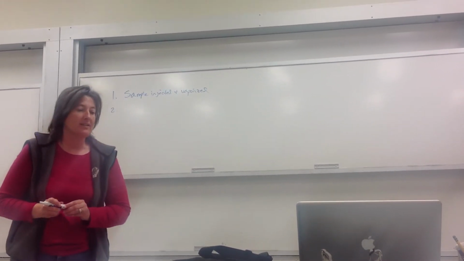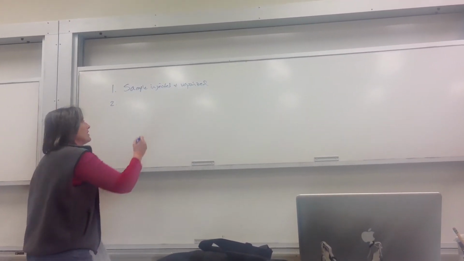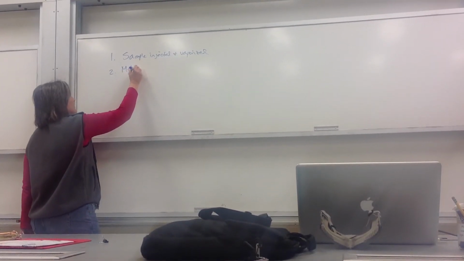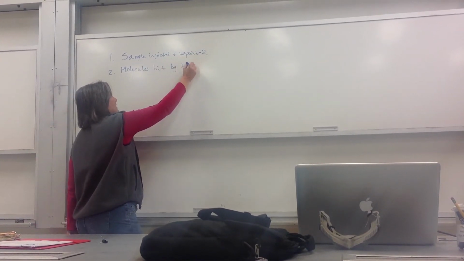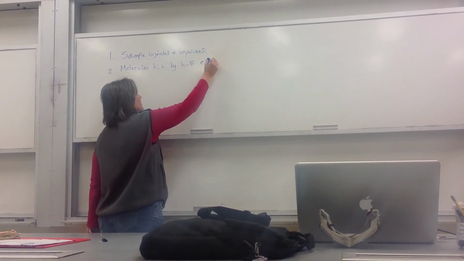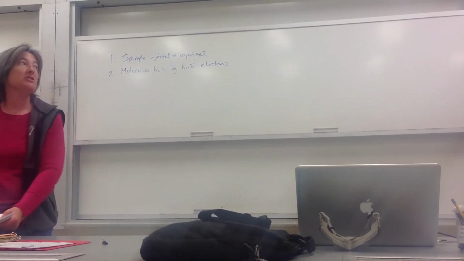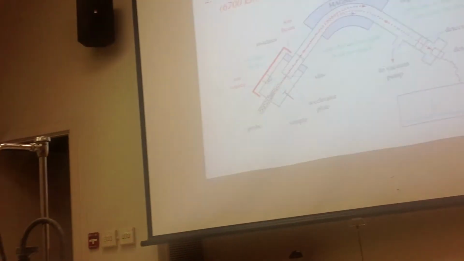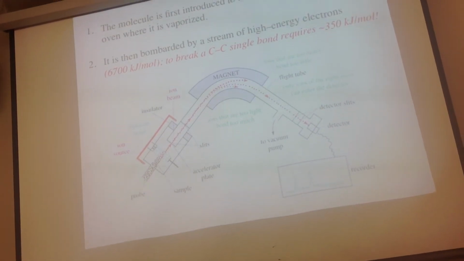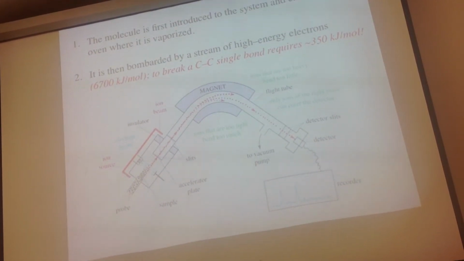And then the second thing that happens is it enters into a stream of electrons. So the molecules are hit by high energy electrons. And they are really high energy. If you look at the numbers there, 6,700 kilojoules per mole. To completely sever a bond is 350 kilojoules per mole.